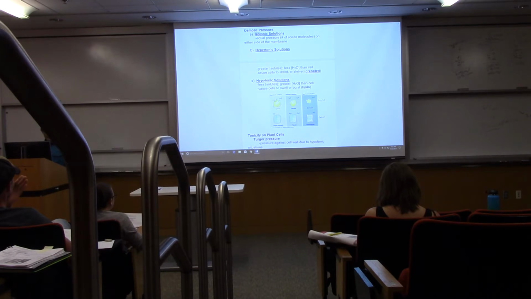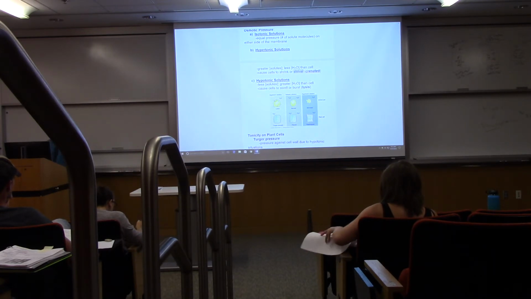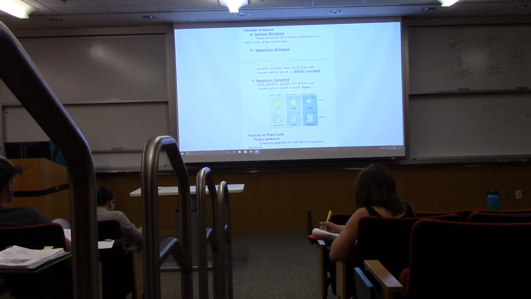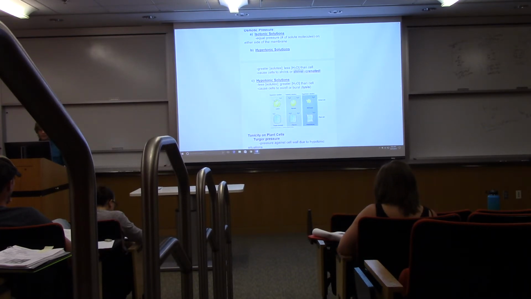And this is in a hypertonic solution, the shriveling of an animal cell. If you then add more of an isotonic solution, it will come back.